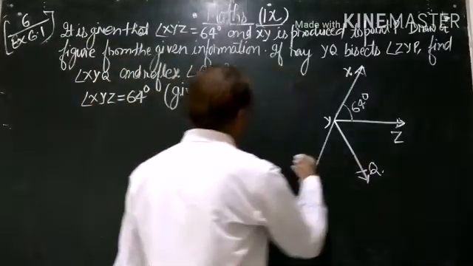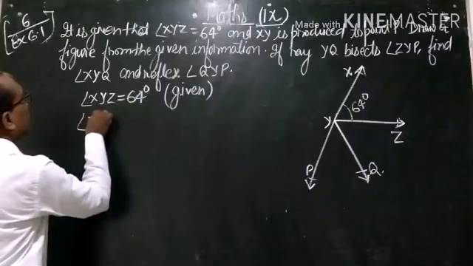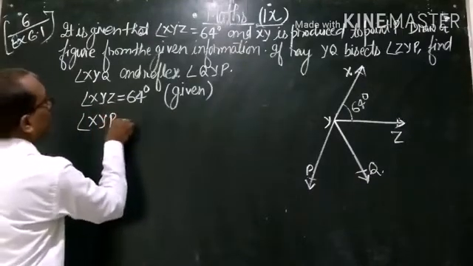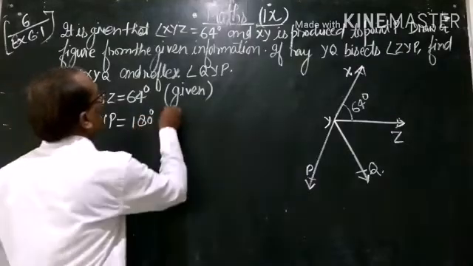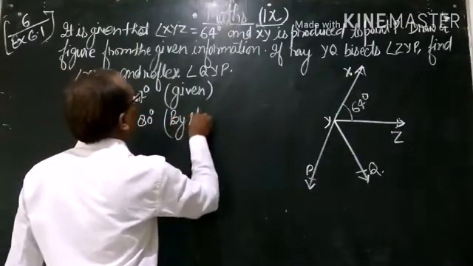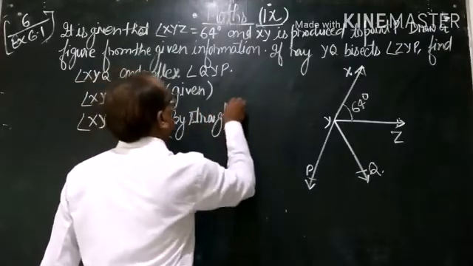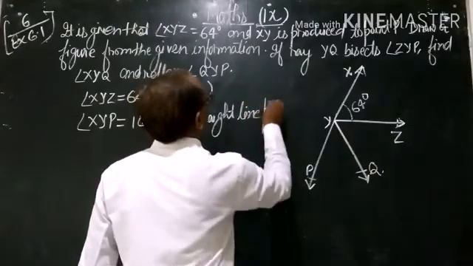Then you write here angle XYP is equal to 180 degree by straight line property.